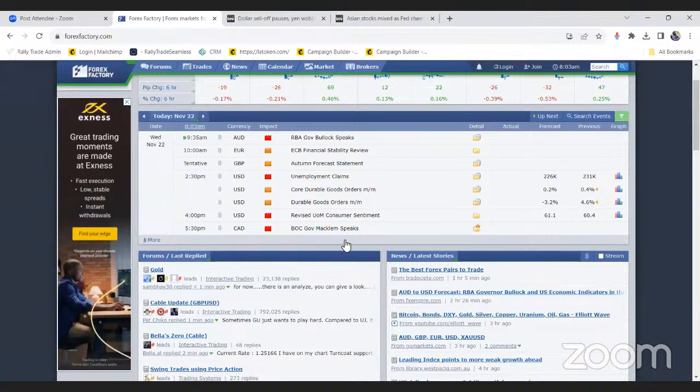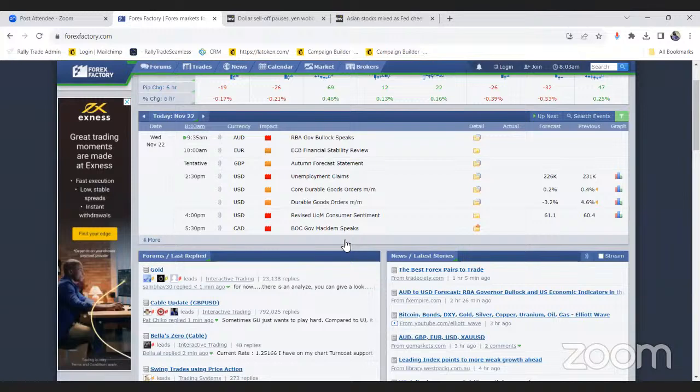AUD 9:35 a.m. The Reserve Bank of Australia, their Governor Bullock, will be speaking by 9:35 a.m. You want to watch out for that. By 2:30 p.m., we'll be having unemployment claims. By 4 p.m., we'll be having revised consumer sentiment still on the dollar.